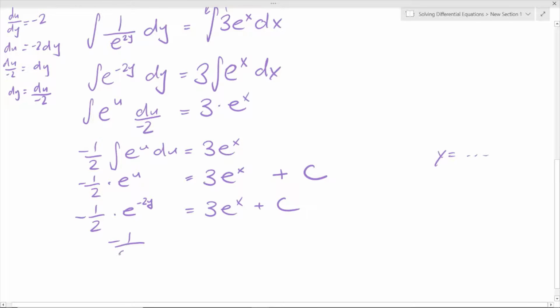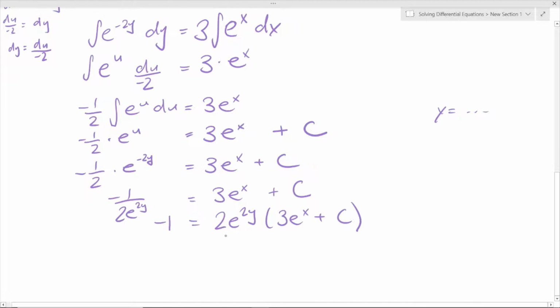So I'm going to rewrite that, e to the exponent of 2y in the denominator, and this is equal to 3 e to the exponent of x plus c. Here we can multiply this denominator with this side, to make it easier for ourselves to isolate for y. So we multiply it on this side as well.